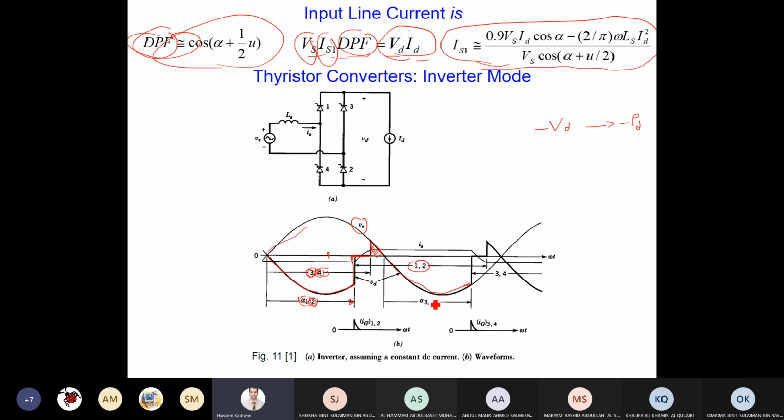Before we get another trigger for 3 and 4, and we repeat the same thing. But have a look, the negative part is higher than the positive part. So we expect VD to be negative. When VD is negative, minus VD multiplied by ID gives minus PD. It means the power is coming back from the load to the source. This is called inversion mode.